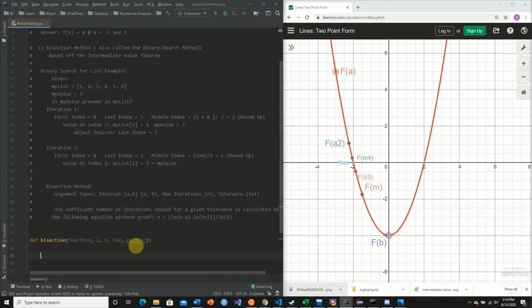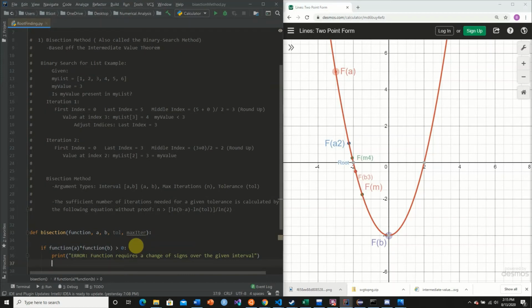So we're first going to have to say if function of a times function of b is positive, then we're going to print out error, function requires a change of signs over the given interval, and we're just going to return -1.